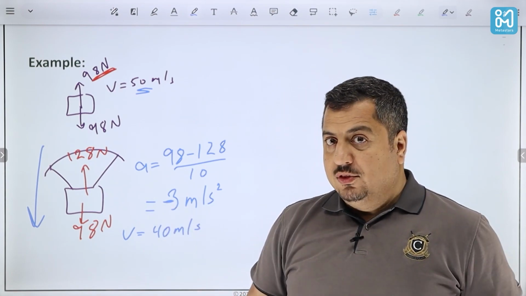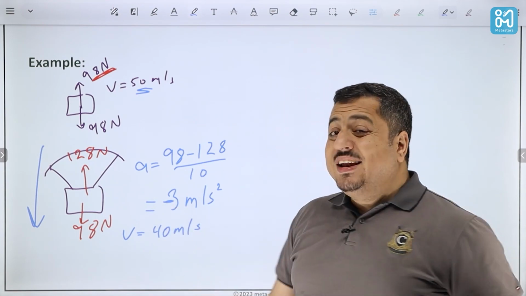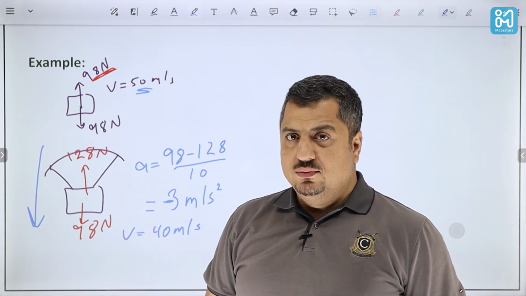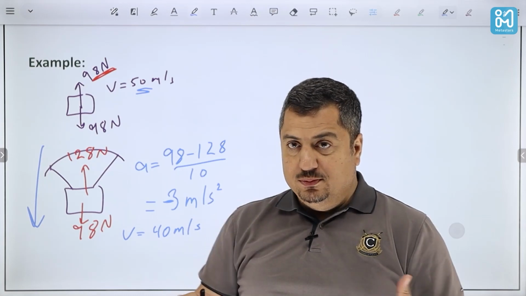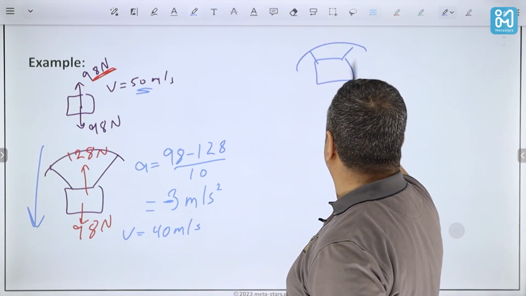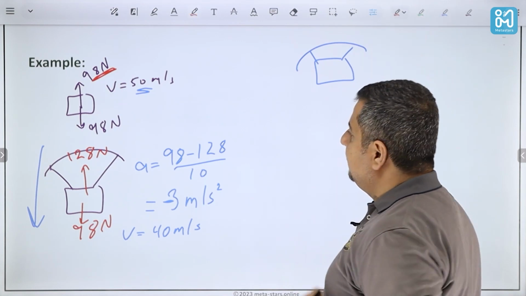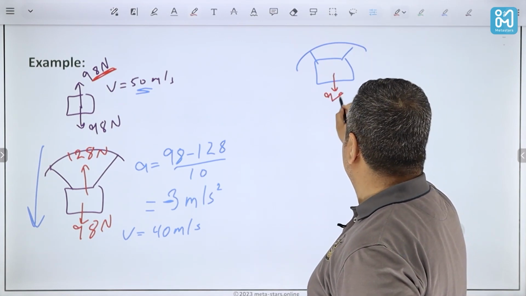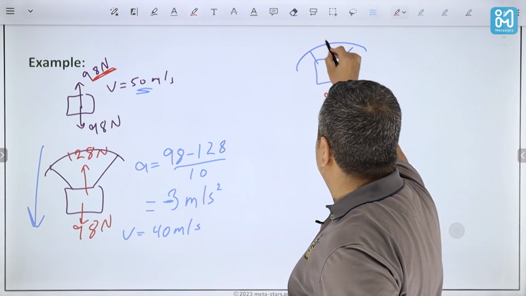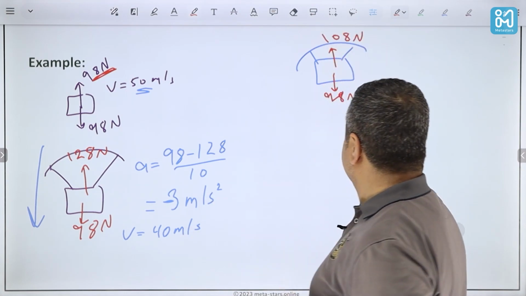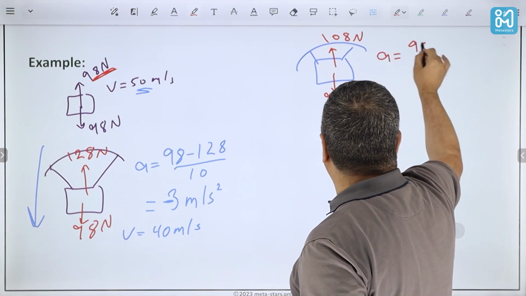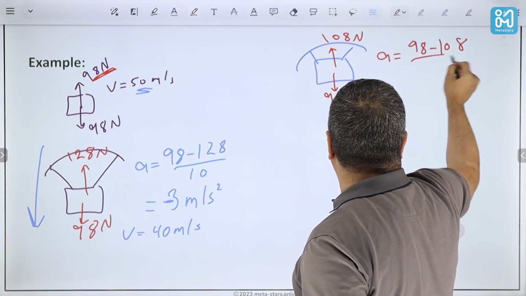Then, because of the reduction of the speed, the air resistance will decrease too. So it's a loop. Because of the reduction of the speed, the weight is still 98, but now the air resistance, let's say, is 108 newtons, which means that the acceleration will be 98 minus 108, over 10.